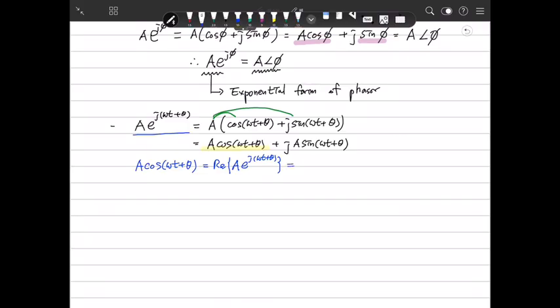That means because this is an exponential variable, there is the real part of a exponential j omega t and exponential j theta. So that will be real of a exponential j theta and exponential j omega t.